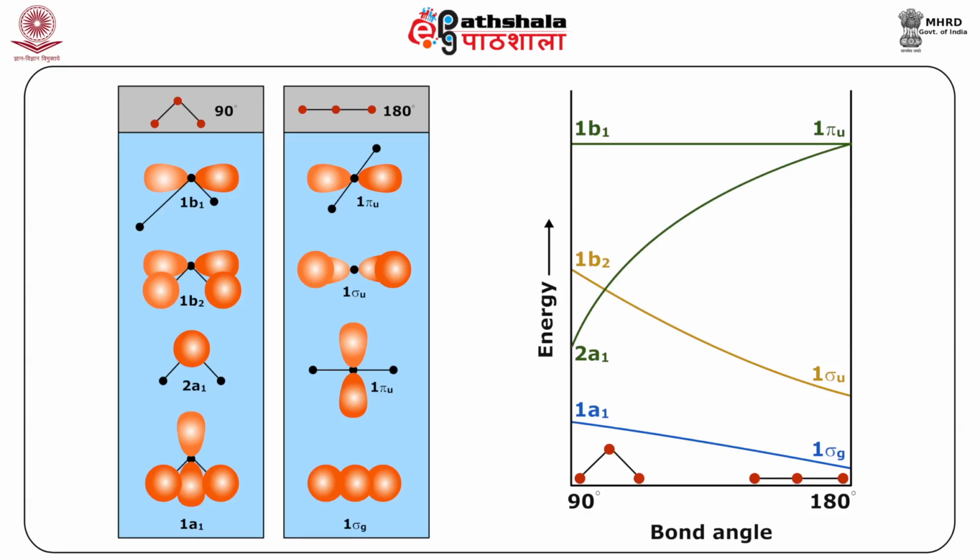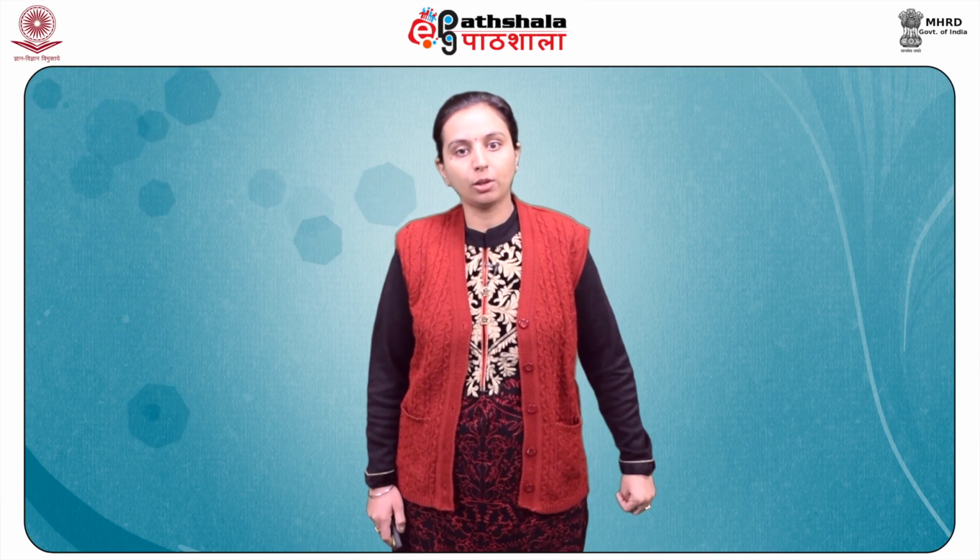Thus, 6 molecular orbitals are formed, out of which the 4 lower energy molecular orbitals are shown in figure number 3. The 4 molecular orbitals can accommodate 8 valence electrons, which is the maximum number of electrons that are present in an AH2 molecule, since we know that A belongs to the second period.